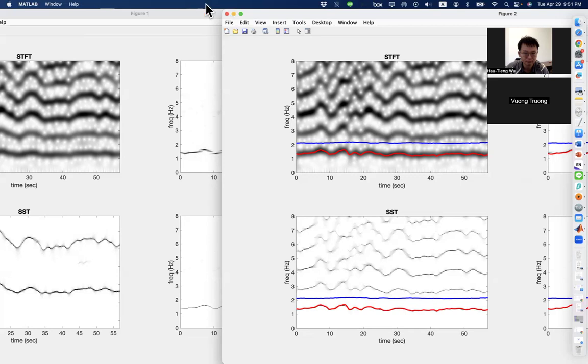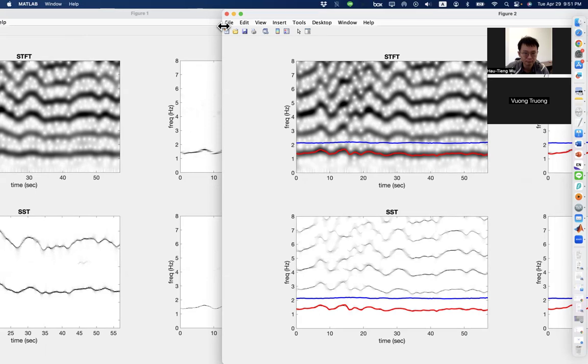So what can we do? Short answer, FYI, is that we need to decompose the signal first. And how to decompose the signal, as I mentioned, we will need some manifold learning stuff that we will cover next time.